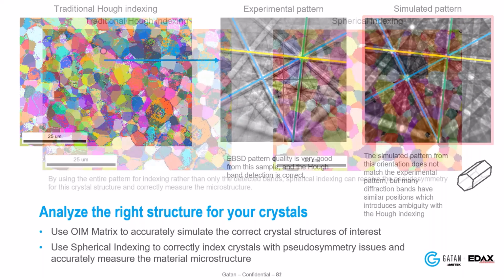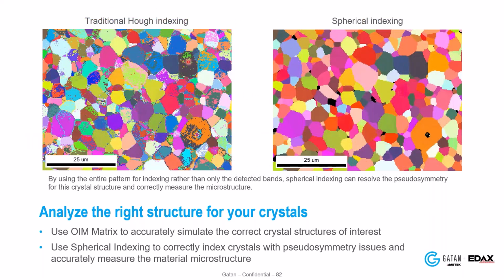Okay, but if we use our pattern matching and spherical indexing, then we're analyzing the whole structure, and we're able to resolve the symmetry correctly. So that's another example of pseudo-symmetry.